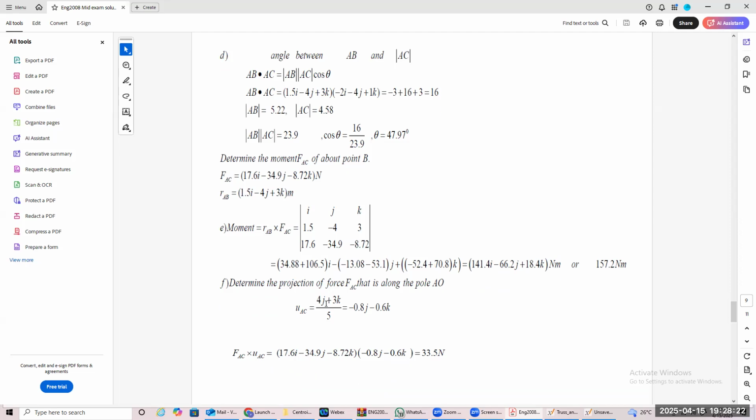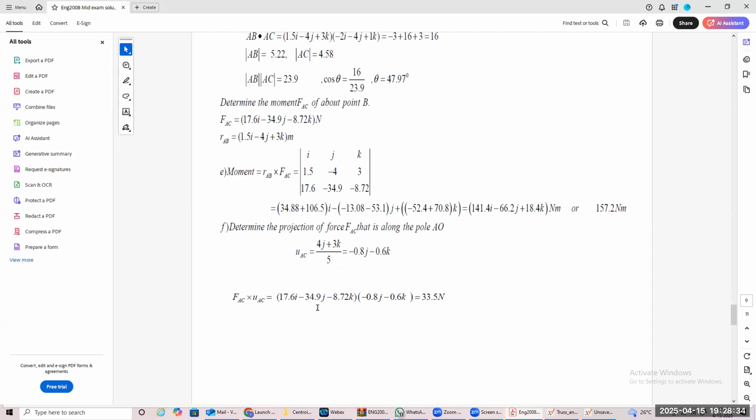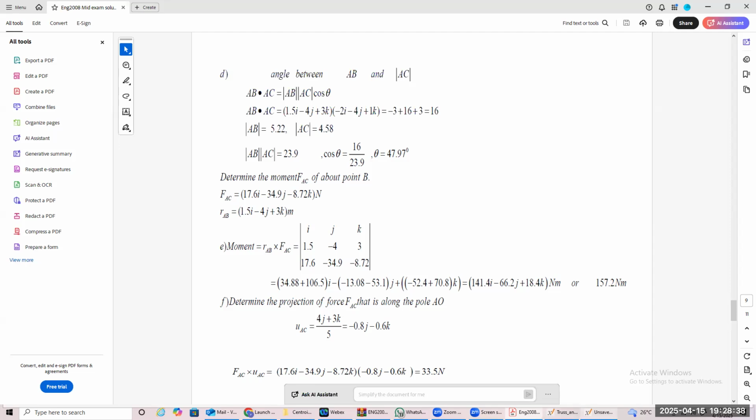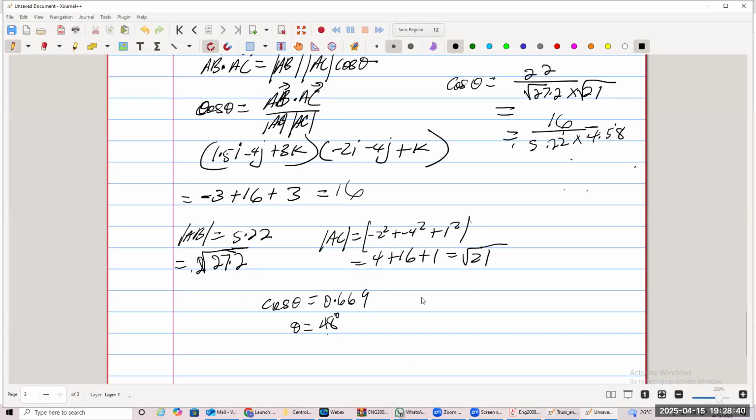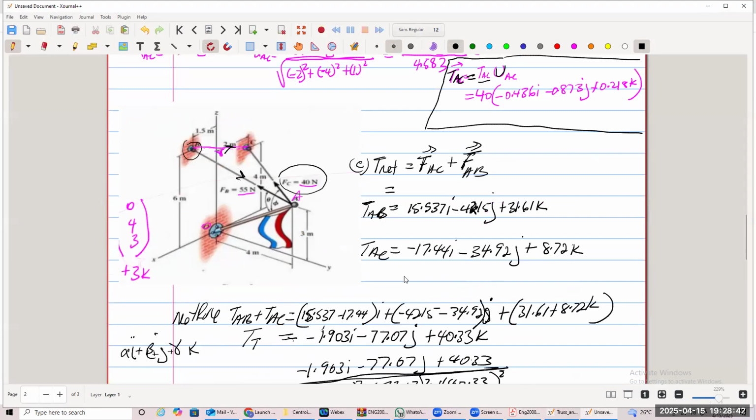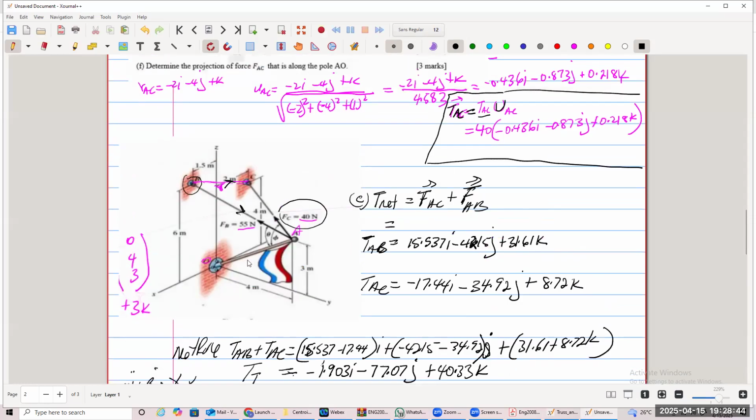But the projection, you will get the unit vector of AC, right? And you multiply it by... oh, this was a different one we're doing. No, that's not the correct answer. Yes, go back to where we were. So all you do for the projection, you get the unit vector of this guy and multiply it by the one that they asked for.